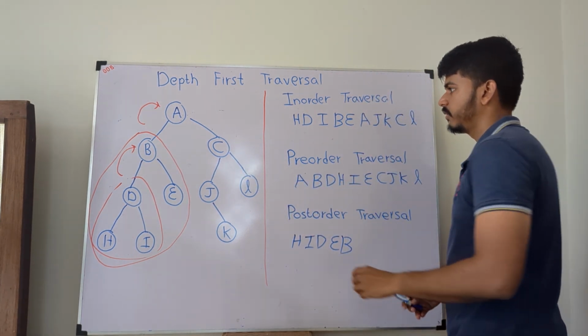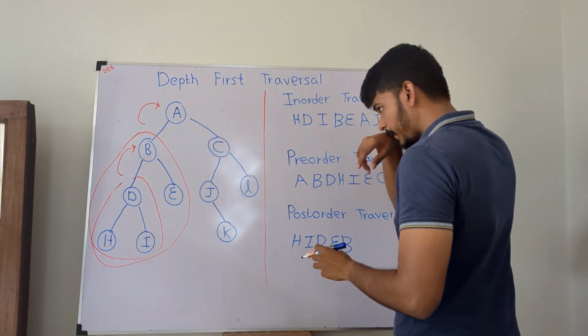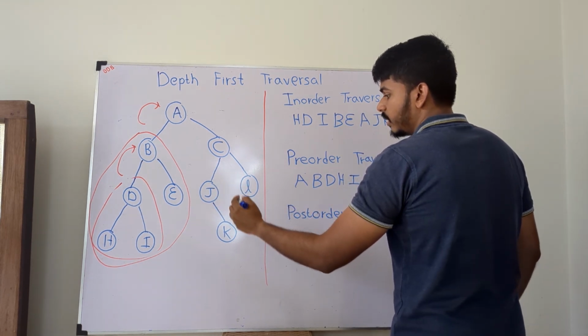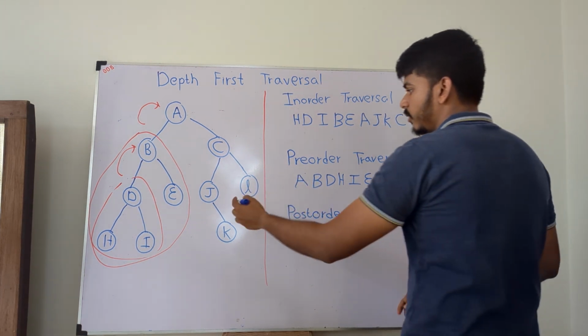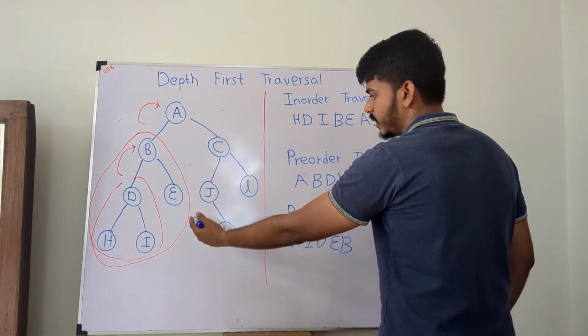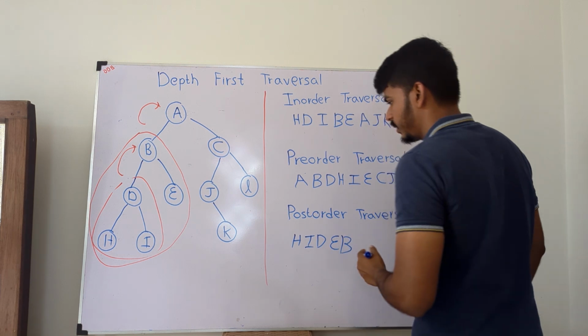Then after that, before moving to the root node, we are going to move to the right subtree. In that, for C, there is a left child J, and this left child has a right child which is K. So before writing J, we are going to write K. Since this has no left child, first we are going to write the right child, then move to the node.